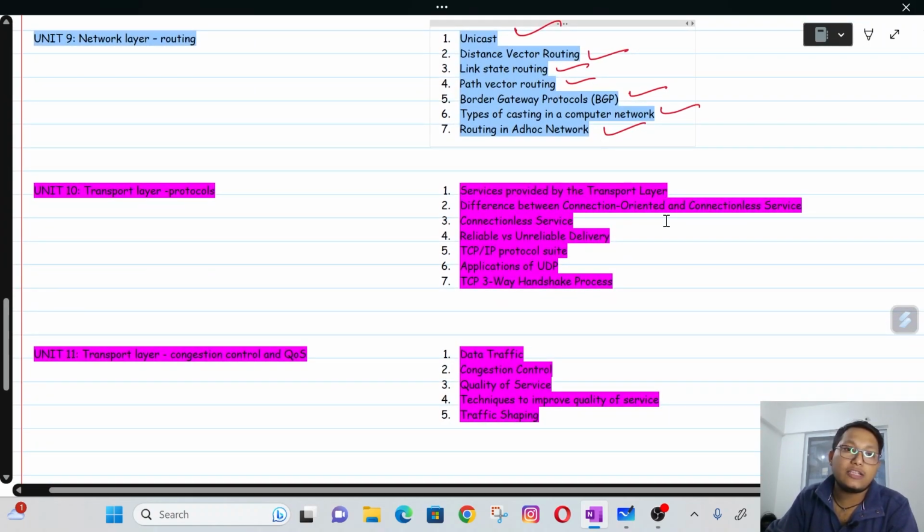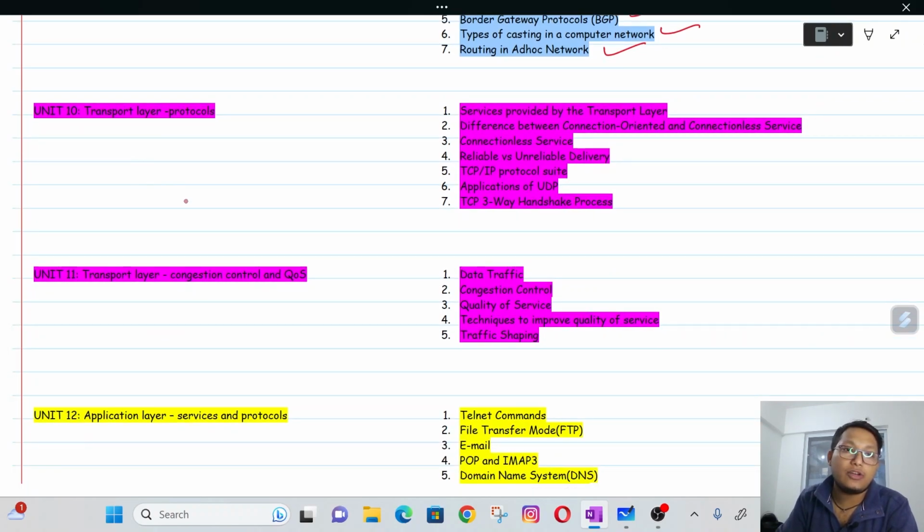Next we went to the transport layer. There are 2 units about the transport layer: unit 10 and unit 11. In unit 10, transport layer protocols are discussed. In unit 11, transport layer congestion control and QoS are explained. In unit 10, transport layer protocols has 7 subtopics.